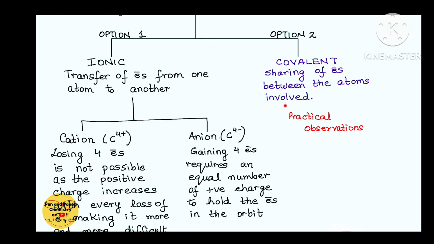You have to tell me what practical observations support that carbon undergoes covalent bonding and not ionic bonding, or in other words, organic compounds are covalent compounds and not ionic compounds. Think about this. I will give you the answer, but in the meantime you think about this. You will need your knowledge about ionic and covalent compounds to answer this question.